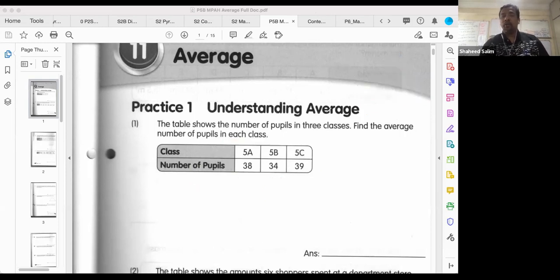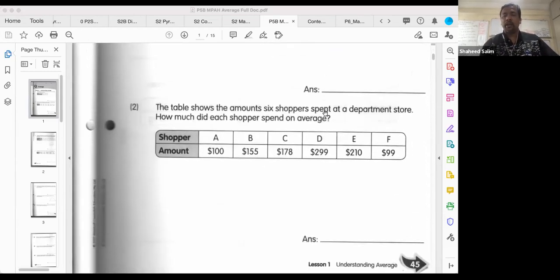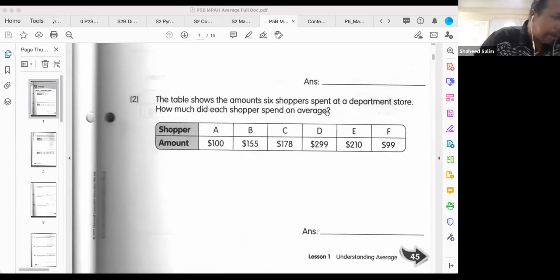Akhil, if you don't understand, you must stop me. Akhil, you understand so far? Okay, so remember the formula. Now you try the next one. Now use your calculator, please. Where is it?